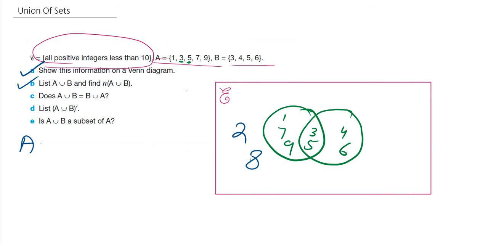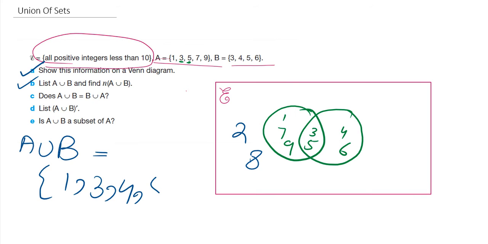B, A union B. We have to write A union B, as I've already discussed, we have to write all the elements, common and uncommon, but only once. We have to write common elements only one time.